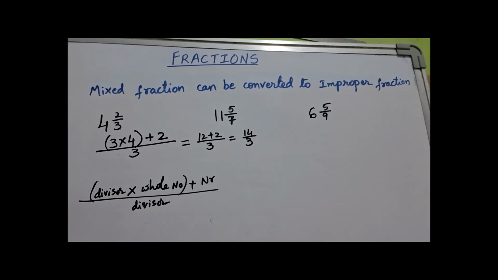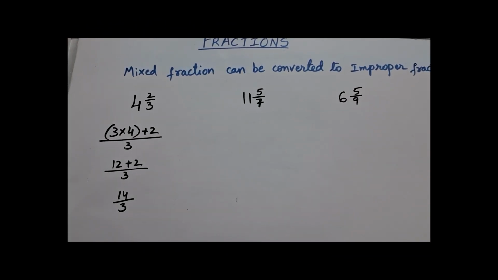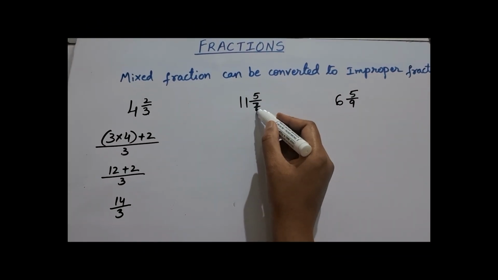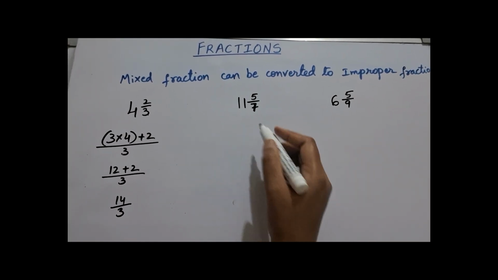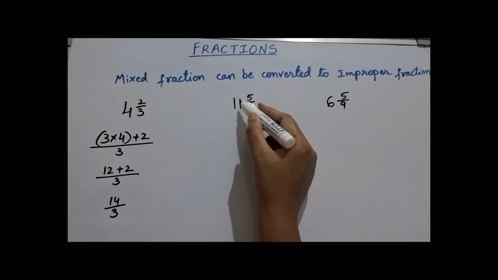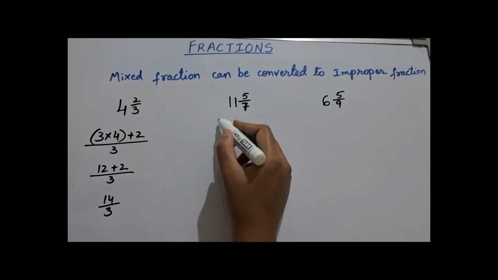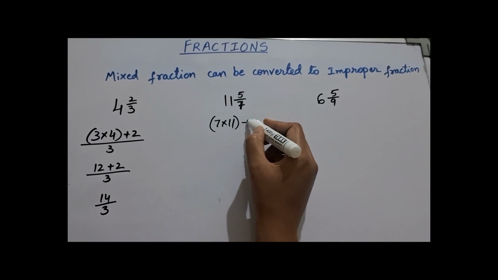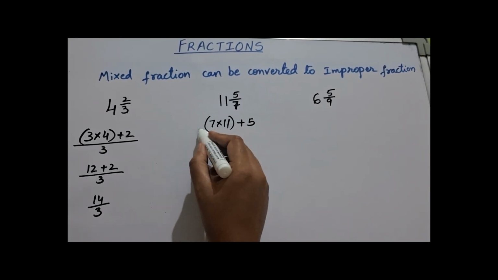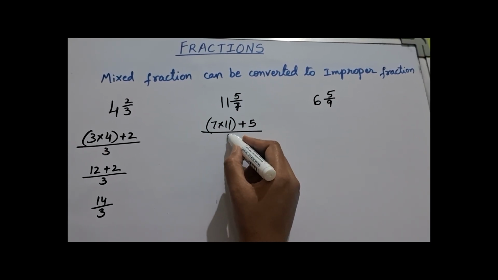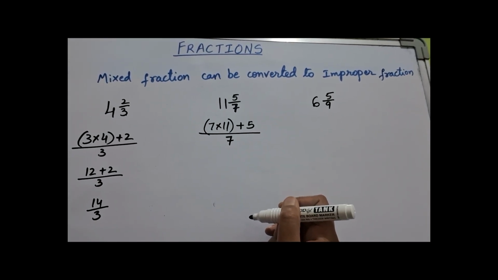In this way, we can convert a mixed fraction to an improper fraction, children. Now let us convert this mixed fraction to an improper fraction. Here what we have to do, multiply this divisor with the whole number. That means 7 into 11. And you add the numerator 5. And then the denominator will be 7 itself.